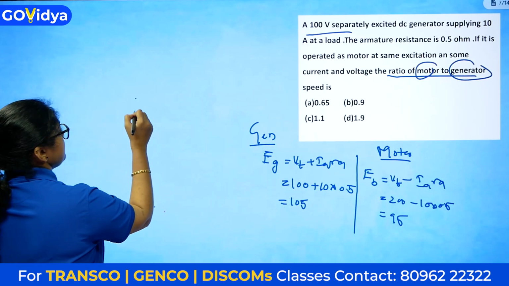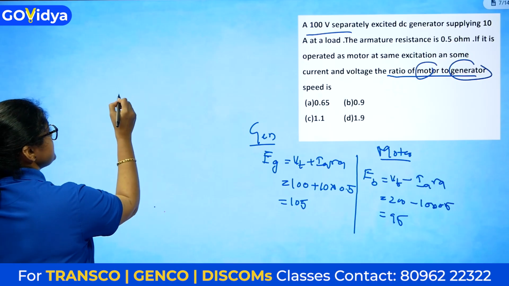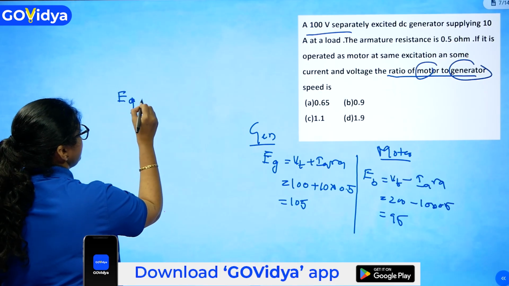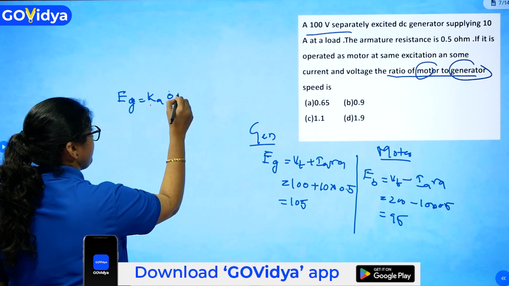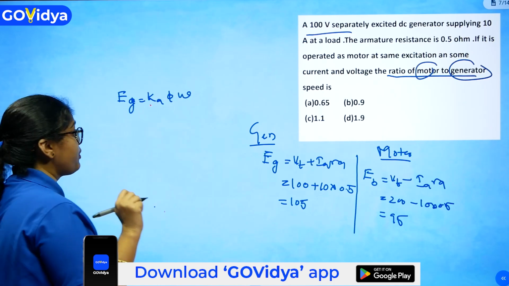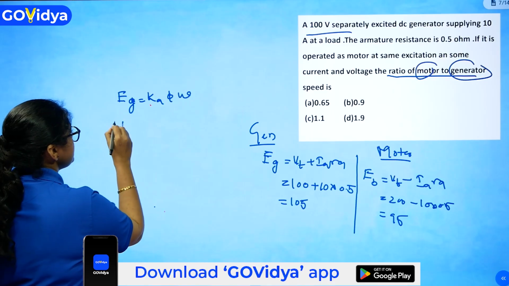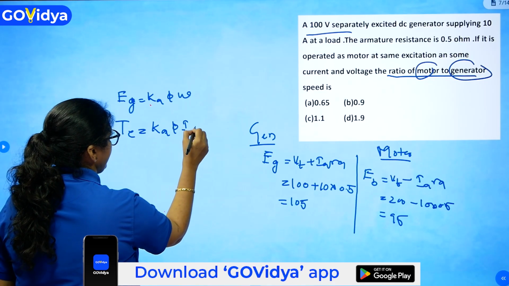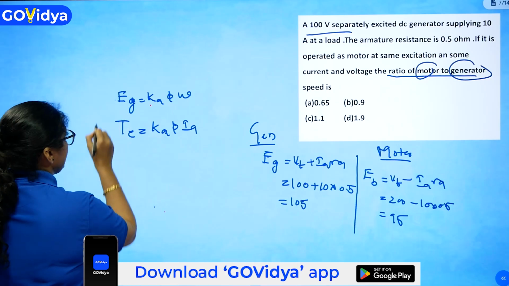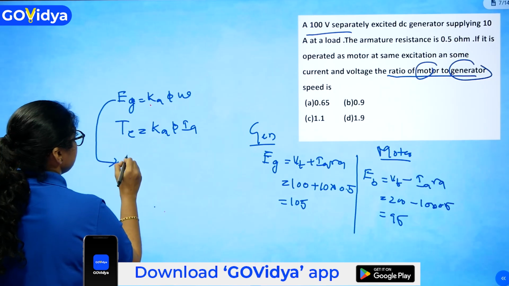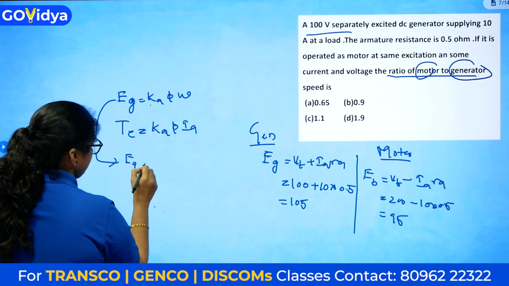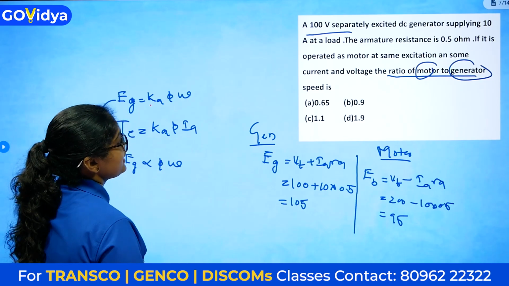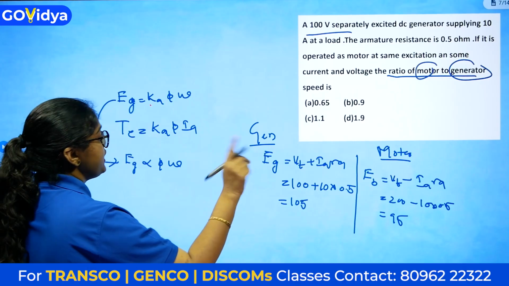So simple, we know some of the basic performance equations. EB or EG is equal to KA phi omega. This is one of the most important performance equations, and the second equation is with respect to torque. TE is equal to KA phi IA. Now with the help of the first performance equation, I can write EG directly proportional to phi omega. Now I have to find the ratio of the motor and generator.